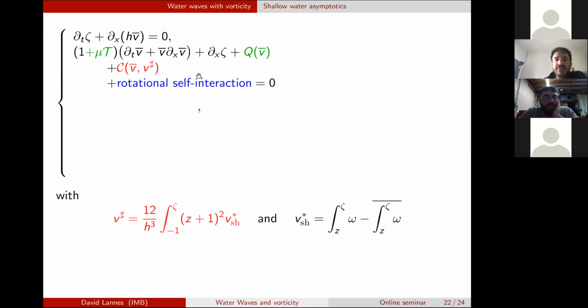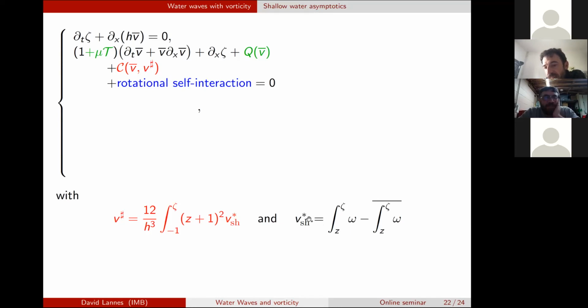If you do the computations, which are a bit complicated, then you find that you expect some interaction between the average velocity v bar and the shear induced by the vorticity. And so what is the shear induced by the vorticity? If you define the shear induced by the vorticity, it is exactly the vertical integral of omega.